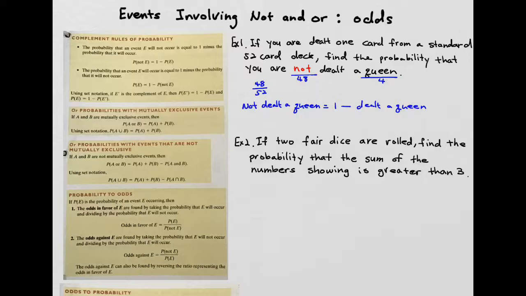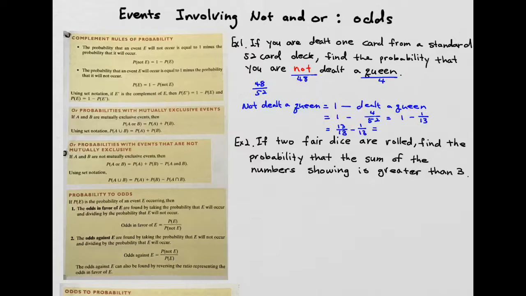So we will say 1 minus the probability of getting a queen, which is 4 over 52, which is 1 minus 1/13. And this is easy enough. You say 1 is the same as 13 over 13, since you need the same denominator in order to subtract fractions.